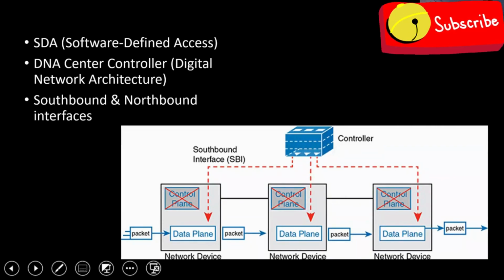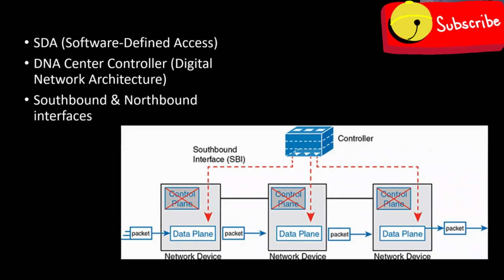Okay, so we left off with SDN, right? We talked about SDN. We were going in a little bit about the Southbound interface, Northbound interface, but let's actually go into SDA, right? SDN, SDA, excuse me, they're used synonymously. SDA is software defined access, right?